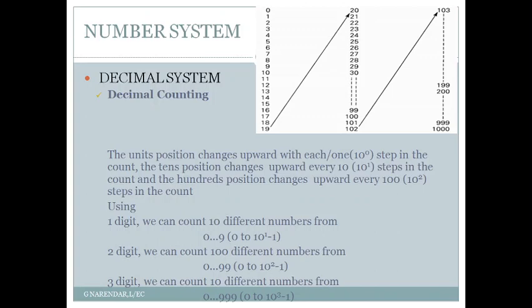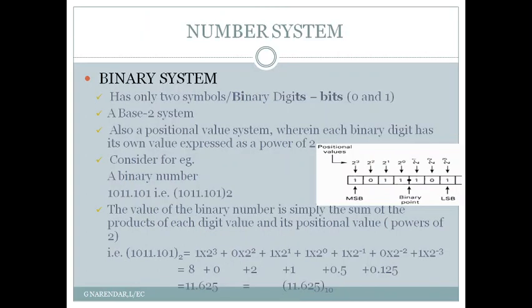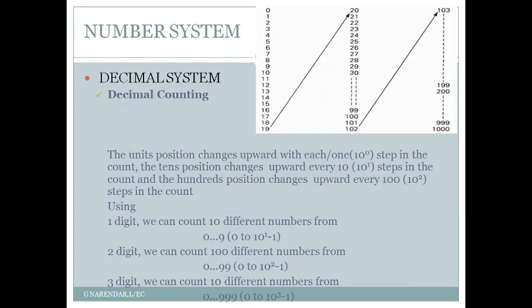So that means 0 to 10 power 3 minus 1, where 10 power 3 is 1000, minus 1 is 999. So if I use 3 digits and 3 positions, then I can make 1000 counts from 0 to 999. So this is all about the decimal system.